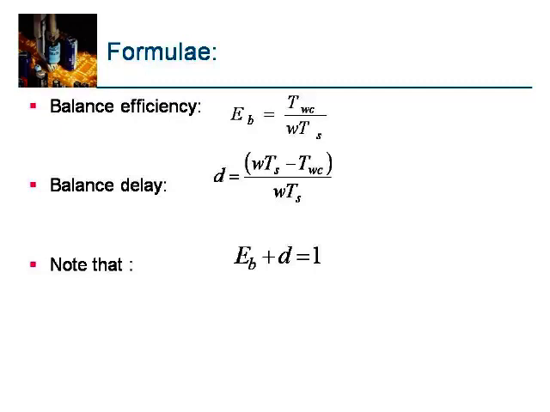Balance efficiency EB is equal to TWC divided by W into TS, and balance delay D is equal to (W TS minus TWC) divided by W into TS. Note that EB plus D should be equal to 100%.